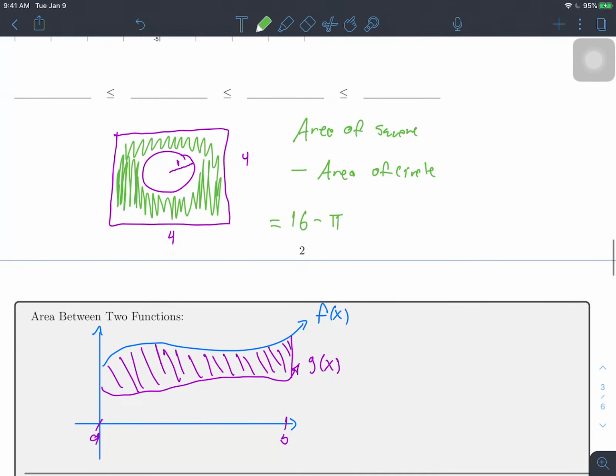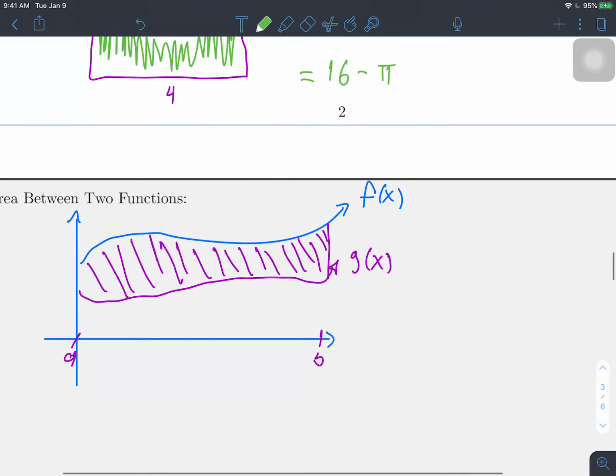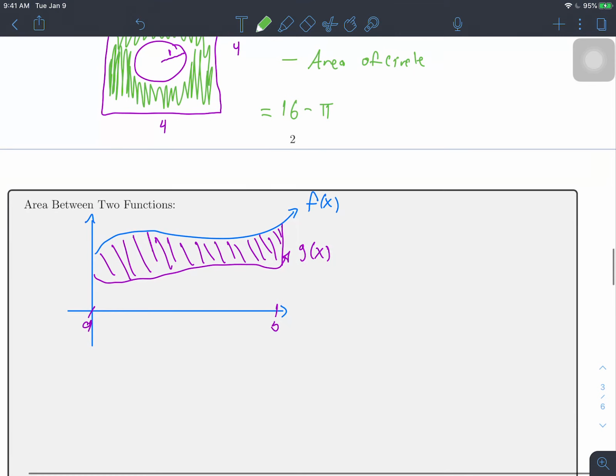So how can we use this kind of technique to find out the area between these two curves using integration? Yasmin? You do the area under the curve f of x minus the area under the curve g of x. Exactly. We can find the area of this region by taking the area under f of x and subtracting the area under g of x.